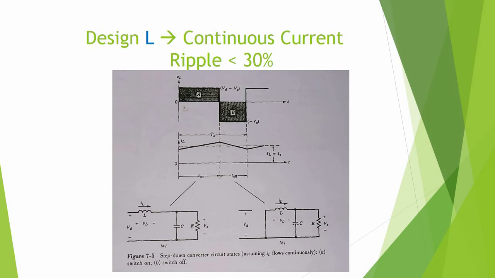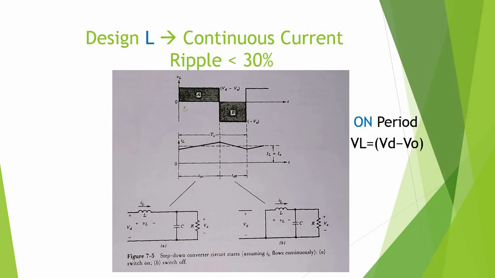Now let's begin the main part of our question, which is designing the L. In the question, it is mentioned that design an inductor such that the output current is continuous, ripple current is less than 30%. So here we have to consider on and off period in order to determine the equation of inductor.